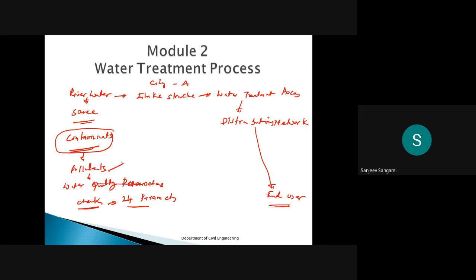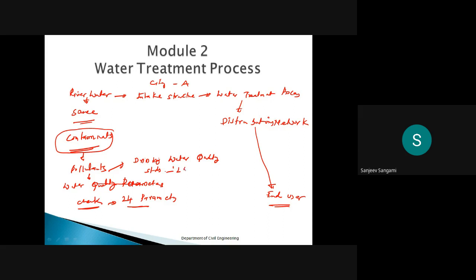After that, which parameter is exceeding the norms? We have drinking water quality standards that we have to check.